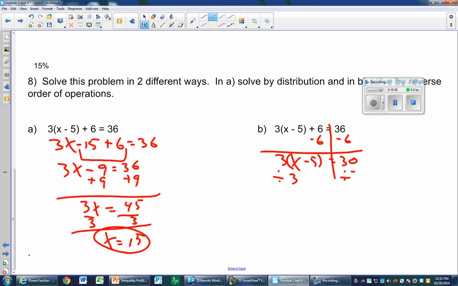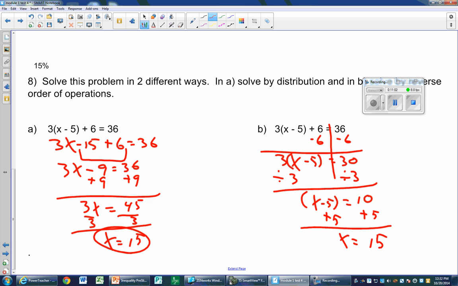So I have to divide my answer by 3. Now, the first thing that's being done to the x is subtracting 5. So that's the last thing, I add 5. And you'll notice we have exactly the same answer. Make sure that I did solve this problem in 2 different ways. Yes, solve by distribution, solve by reverse order of operations. Done.